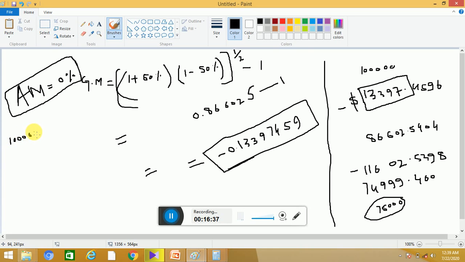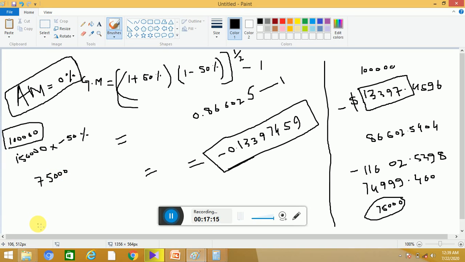On 1 lakh, first year there is a 50% profit, so our amount becomes 150,000. Then second year there is a loss of 50%, and minus 50% becomes 75,000.